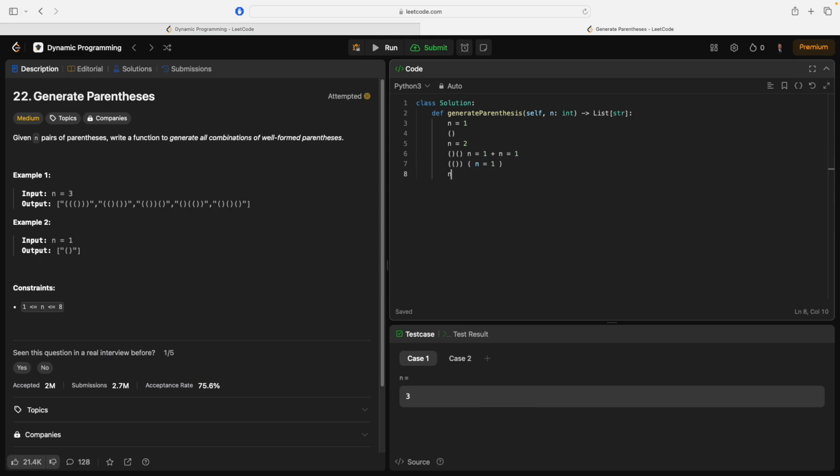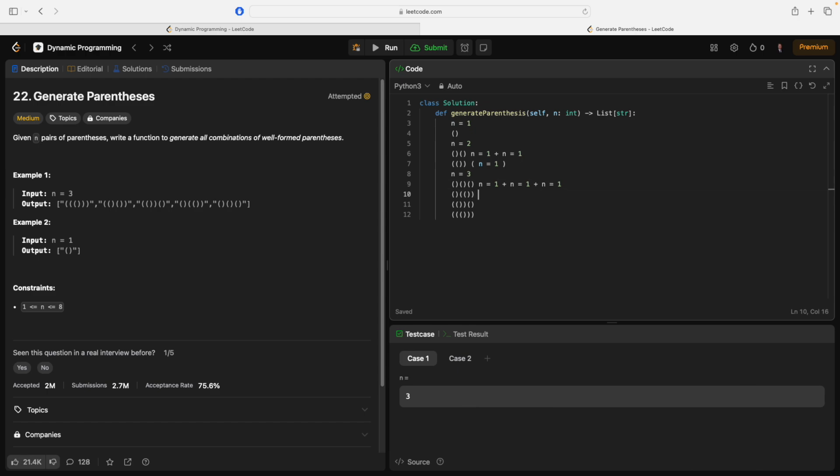Okay? So n equals 3, you could have open, open, open, or a bunch of pairs. You could do this and that. You could do the opposite. Or you could just do open, open, open, close, close, close. And what are these? Well, we have n equals 1 times 3.